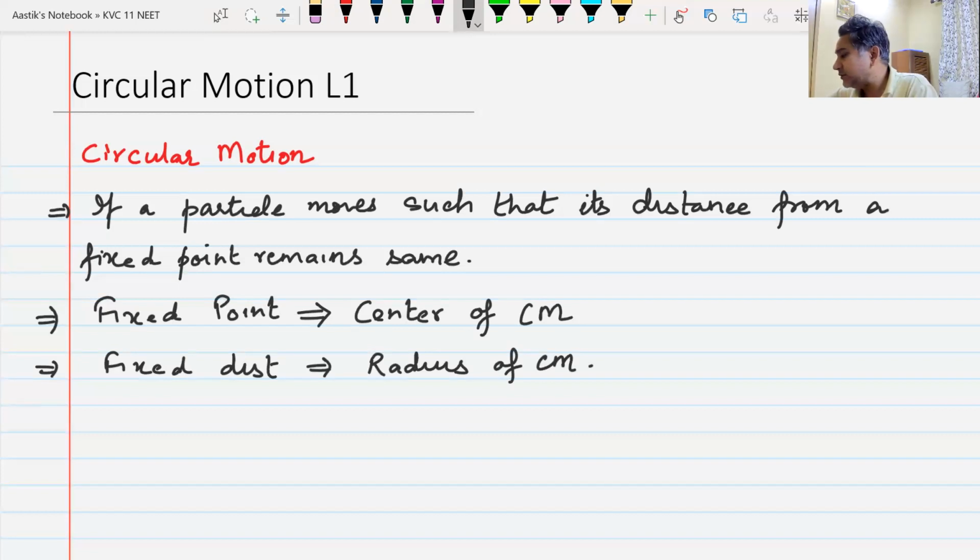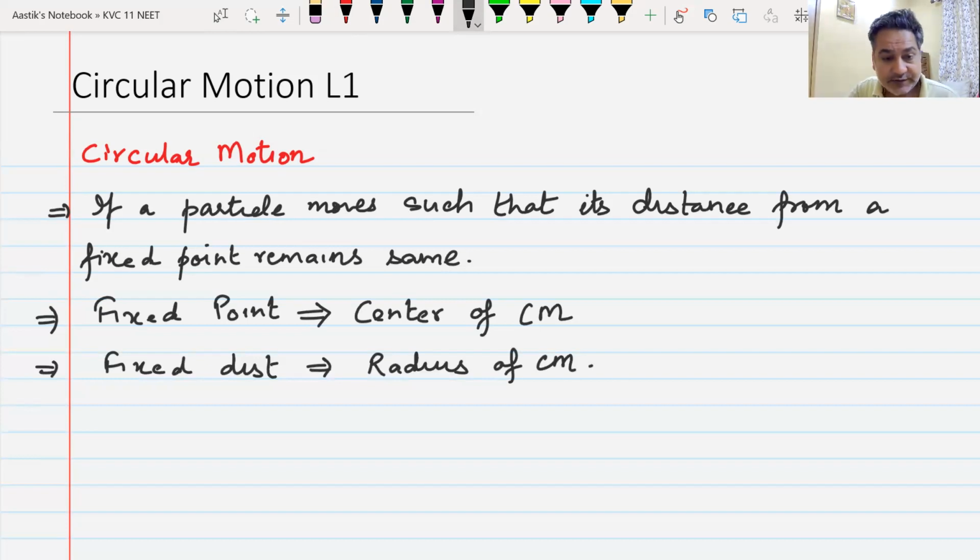Any circular path, any circle has a center and it also has a radius. The fixed point is known as the center and the fixed distance is known as the radius.